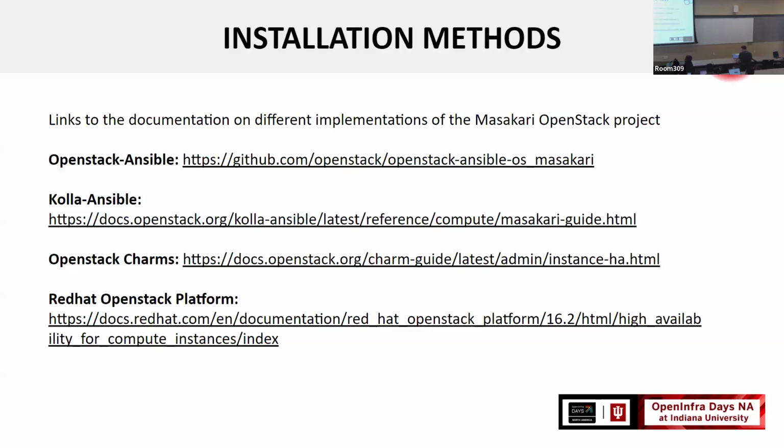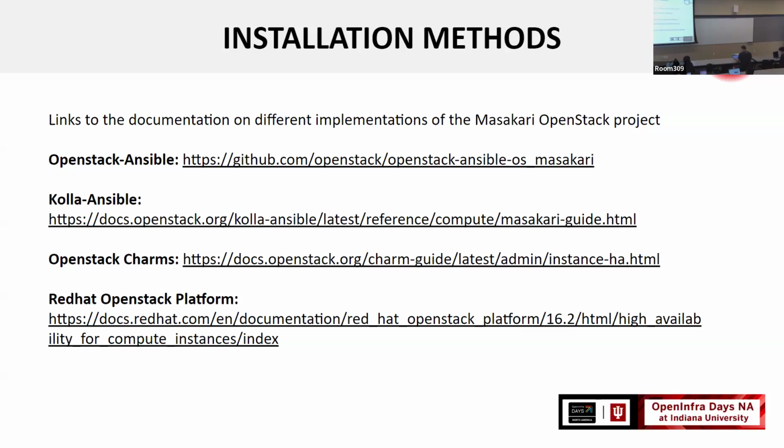Some installation methods you can use: the main one we use in-house at Rackspace is OpenStack Ansible, and we'll also be using OpenStack Helm. That was one of the links I didn't post up there; I forgot to add it. Also, with Kolla Ansible, you can enable Masakari.